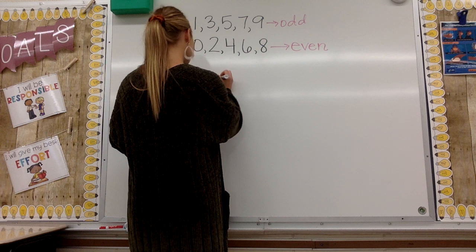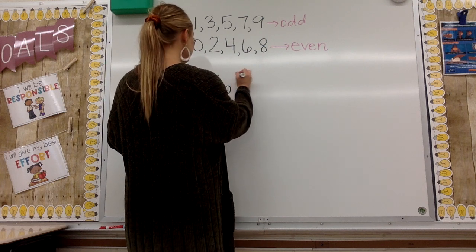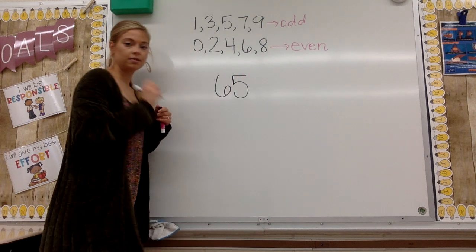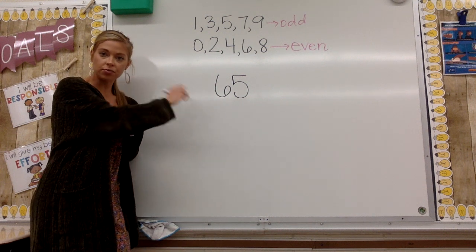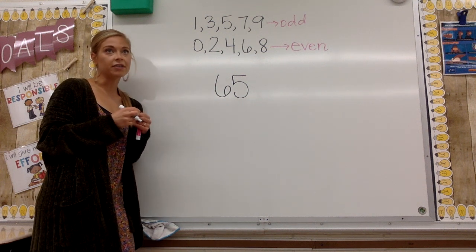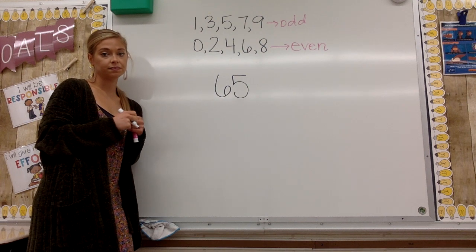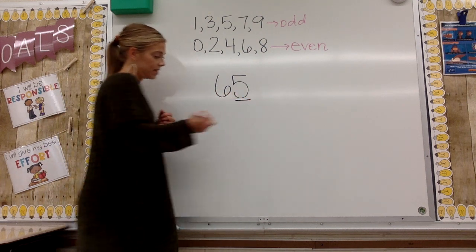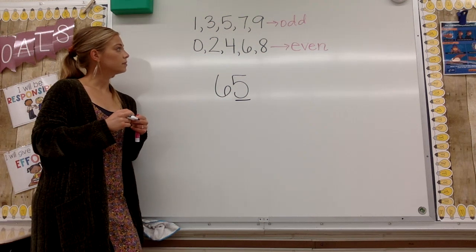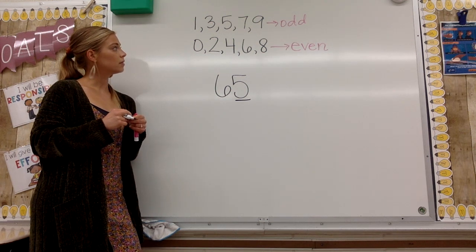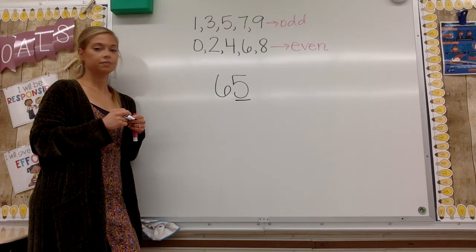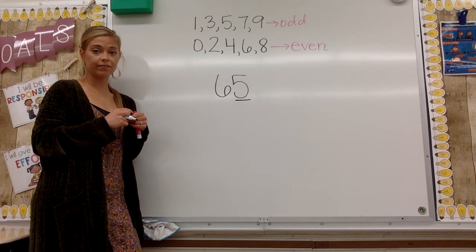So let's do the number 65. Look to see what number is in the ones place, and then think to yourself, can that number be grouped up evenly in 2s or not? There is a 5 in the ones place. Can 5 be grouped up evenly?